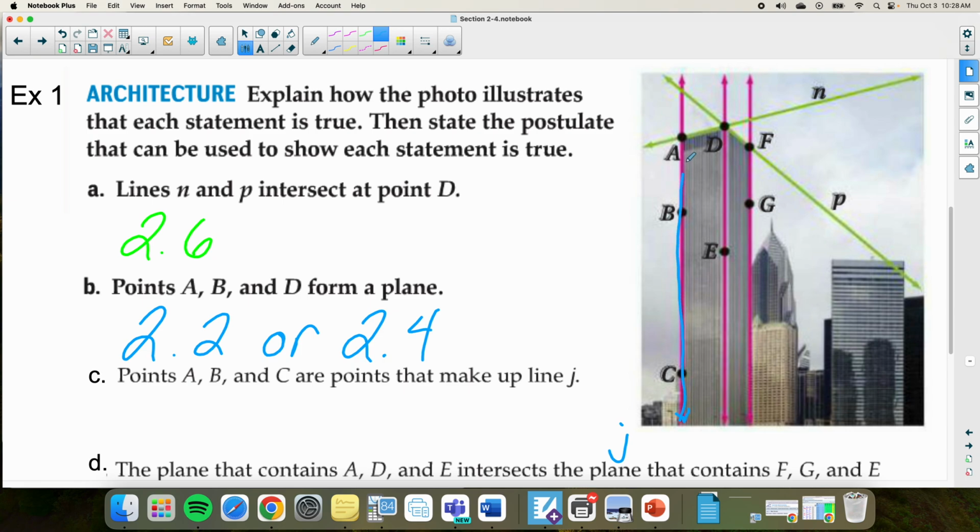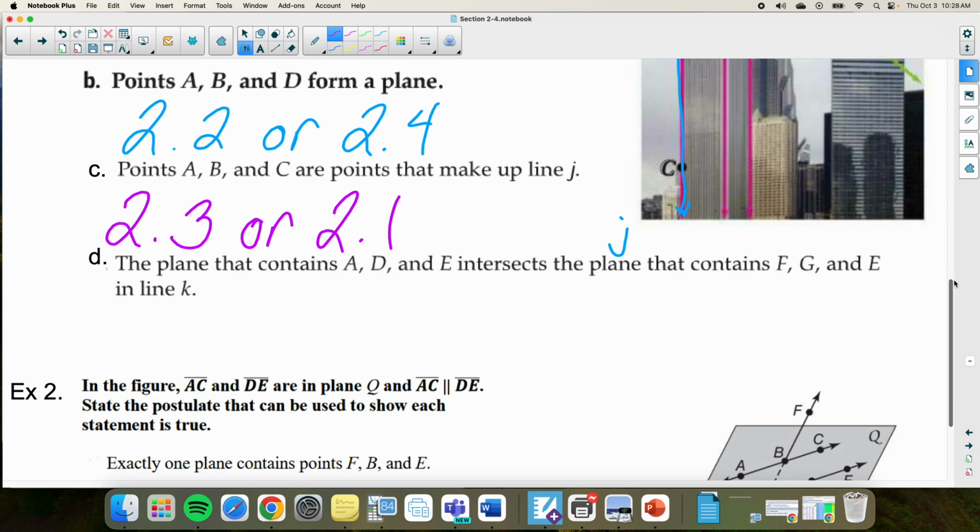And it says that those 3 points are on line J. Which one talked about if you have a line, it's going to contain at least 2 points? 2.3, and if you put 2.1, that is fine. I don't get too worried about that.